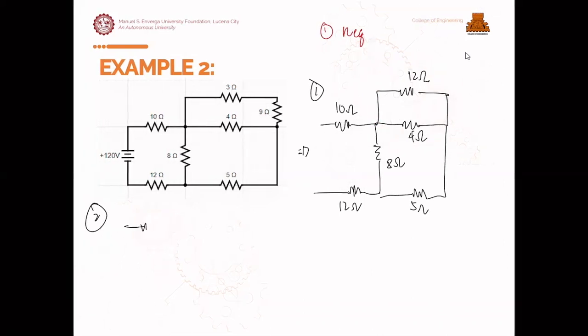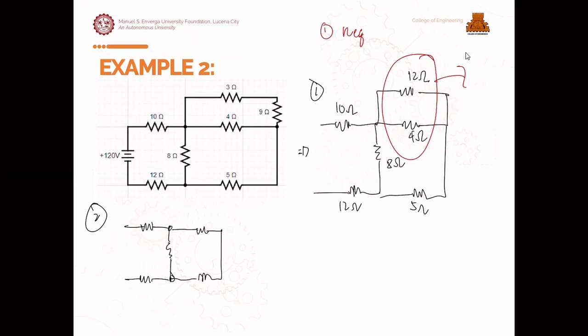Okay, so pag kinombine natin yon, gamit na lang ako ng calcu. So, 12 inverse plus 4 inverse. Then, inverse natin yon. Answer, this will be 3 ohms. Okay, so this will be 3 ohms, 5 ohms, then 8 ohms, 10 ohms, then 12 ohms.